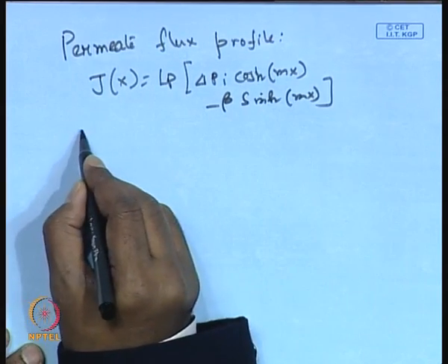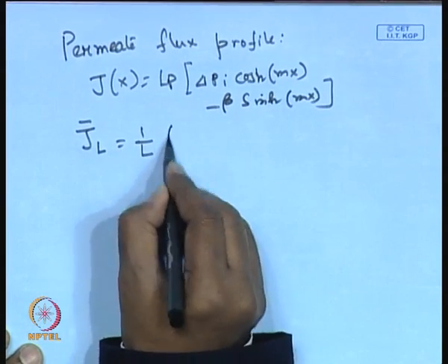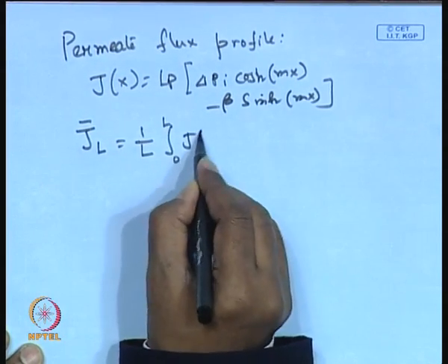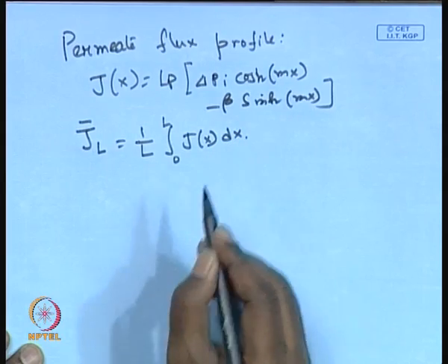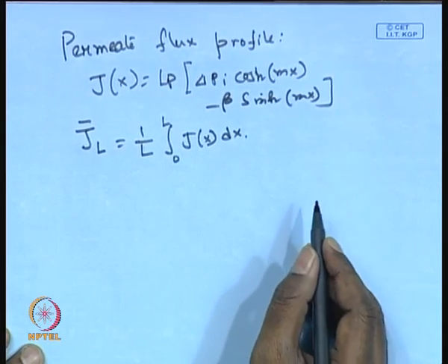So the length averaged permeate flux over the length becomes nothing but 1 over L integral from 0 to L of J dx. Just put the expression and integrate it out, you will be getting it.